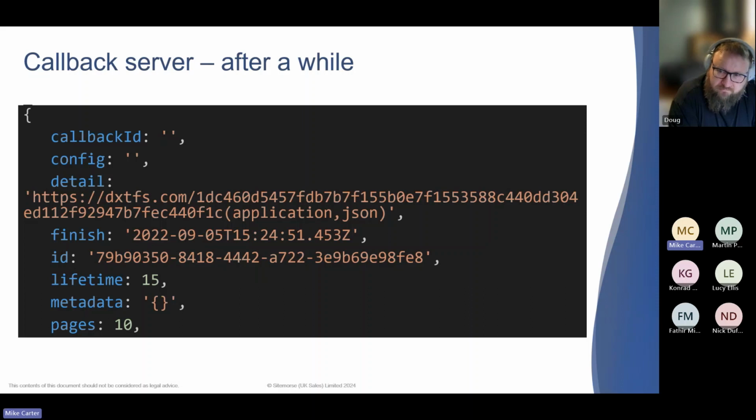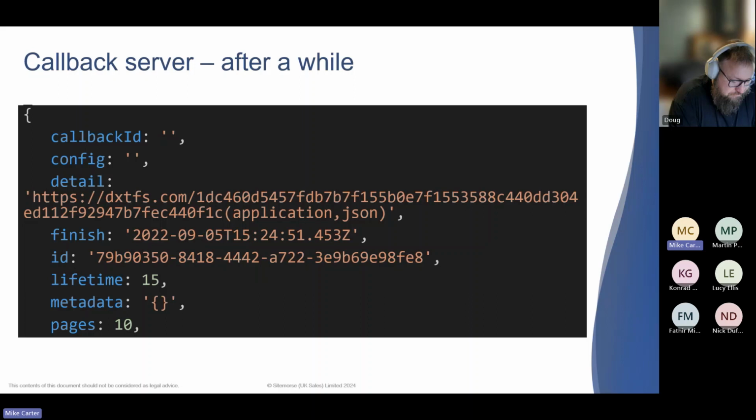That long URL is where you will access all the detail of everything that we've tested with all the diagnostics and so on. We don't post that back to your callback server because it might be quite a large file, so we just post back a link to it. Also, don't bother to screenshot this and try and access that because that detail long URL is fake as well.